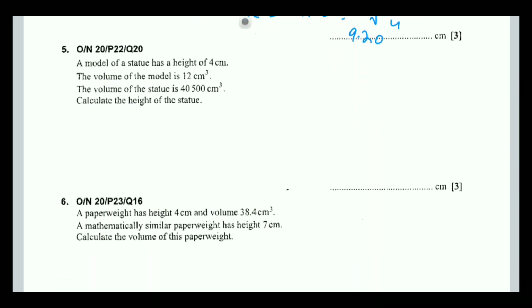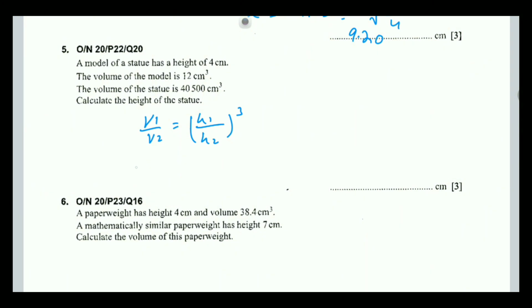A model of a statue has a height 4 centimeter. The volume of the model is this. Volume of the statue is this. Calculate the height of the statue. Again, you just have to use the formula of similar shapes. Volume 1 over volume 2 is equal to height 1 over height 2 cube.